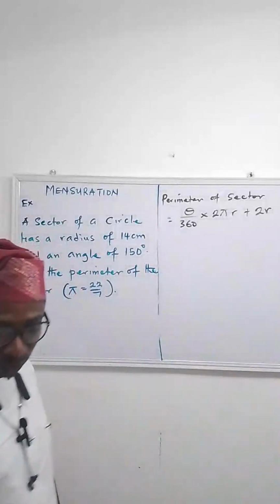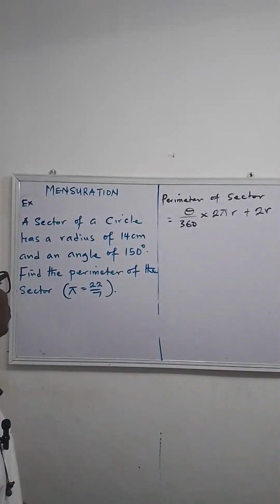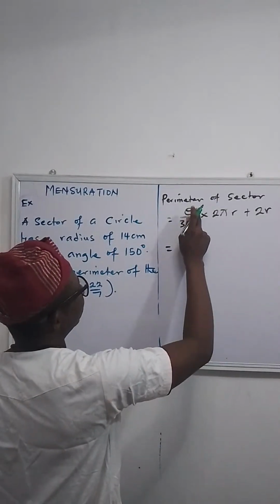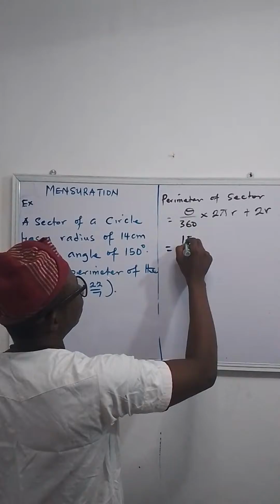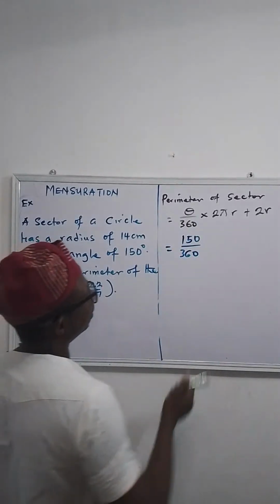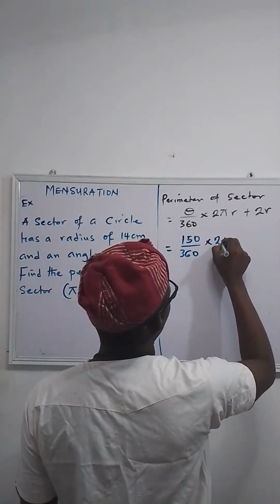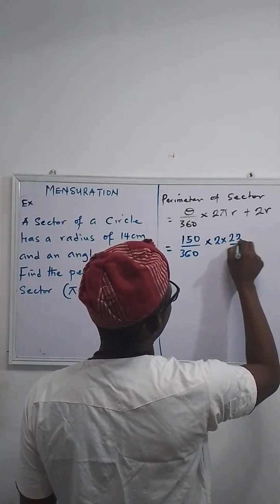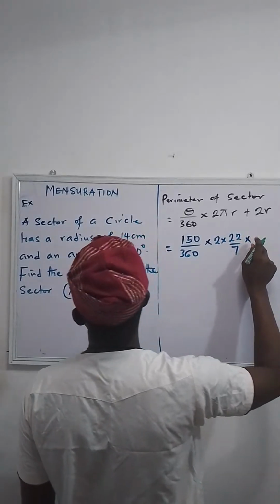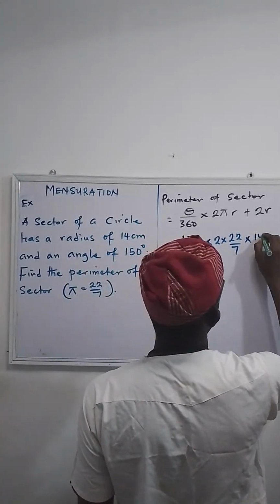Now, let us plug in these values given. So we are given angle subtended at the center as 150 over 360 times 2 times 22 over 7 times r. R is what? 14.